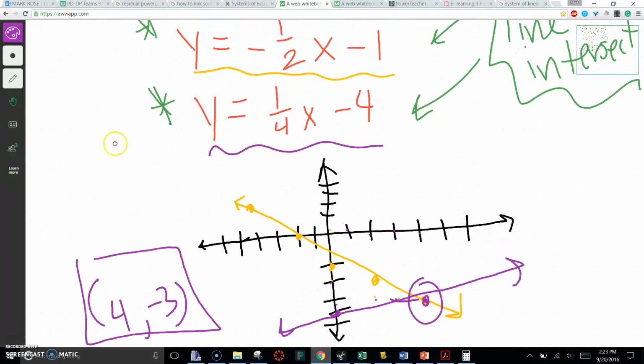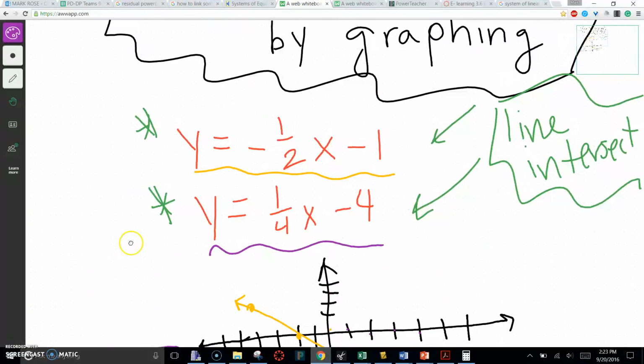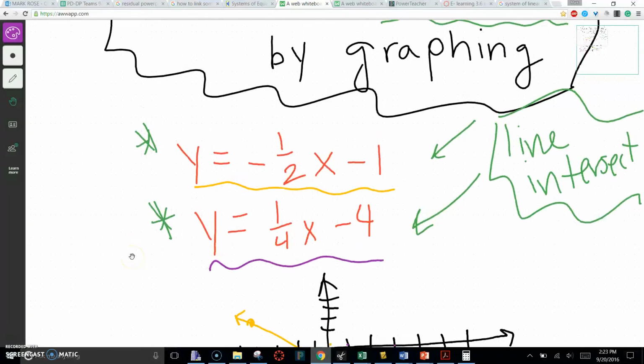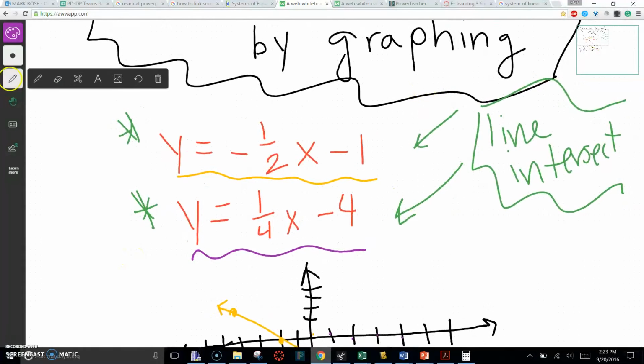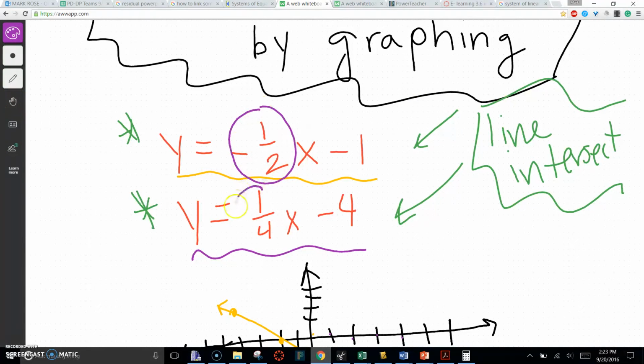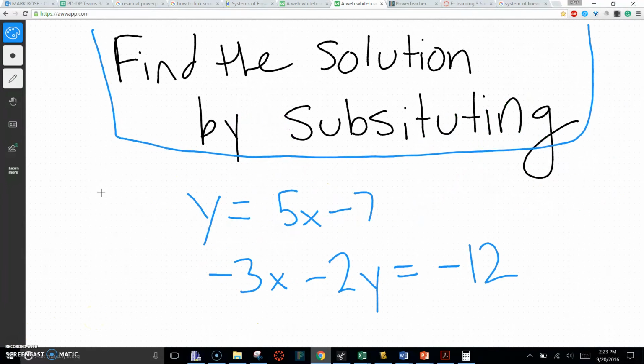A lot of times it won't even tell us which method to use. I'll know that I want to use graphing when I see this right here. Fractions tell me that I generally want to use graphing instead of another method. So that's the first method, graphing. Second method is substituting. Now in today's assignment, you can use the graphing method or substitution.